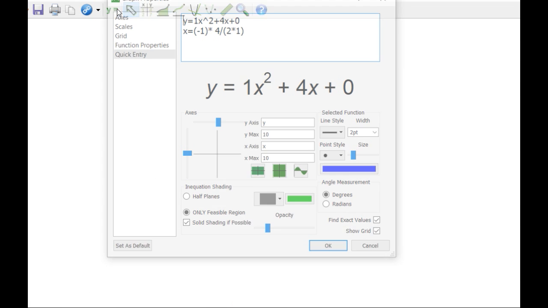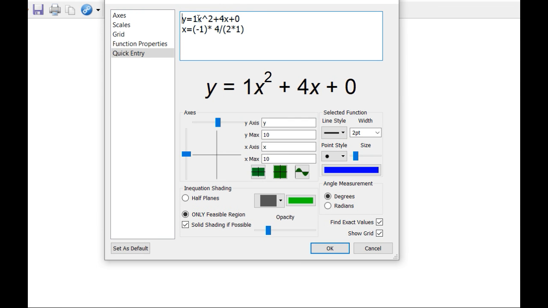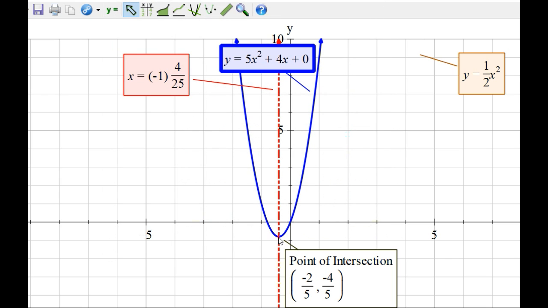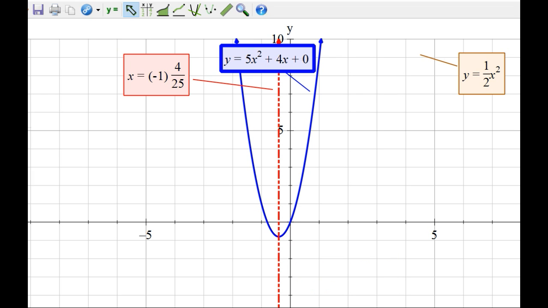Now watch this. If I change that 1 there to 5, what I've done is I've taken that 5 and I've put it under there. It shows that it is indeed the x value of the vertex.